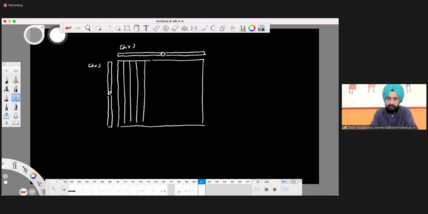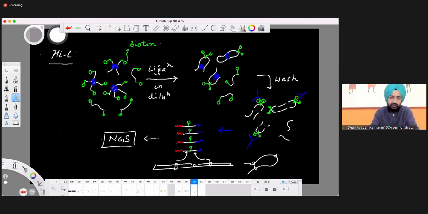Likewise, throughout the matrix. And whatever reads you got from NGS, the read counts of each of these pairs, a pair of this fragment versus this fragment, the read counts for each pair will be nothing but your interaction frequency.